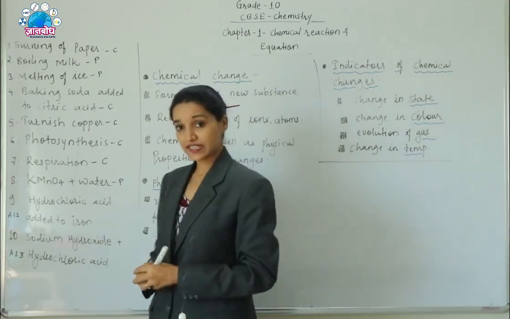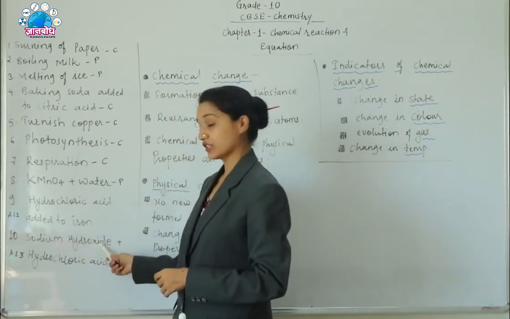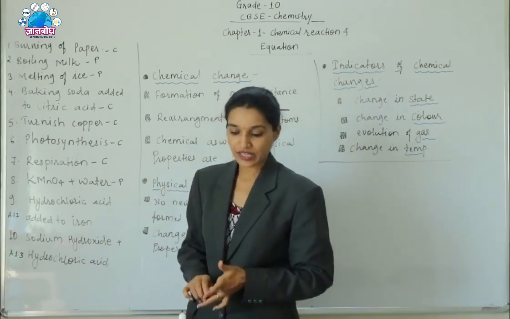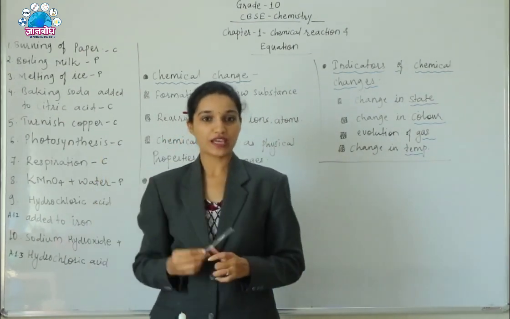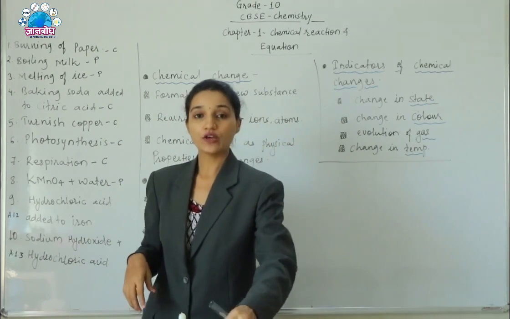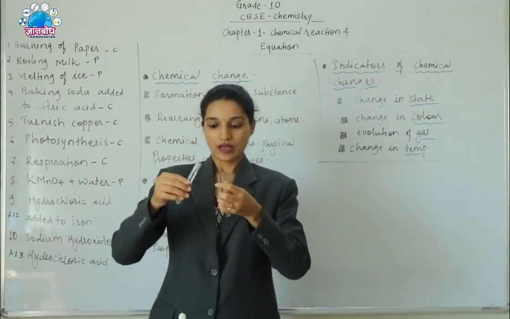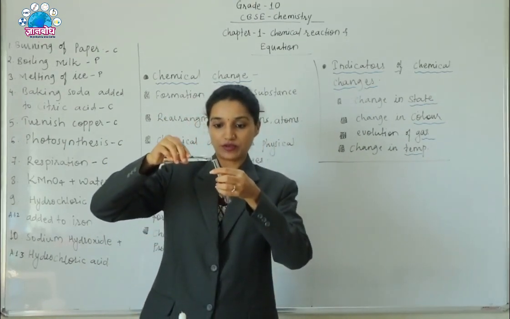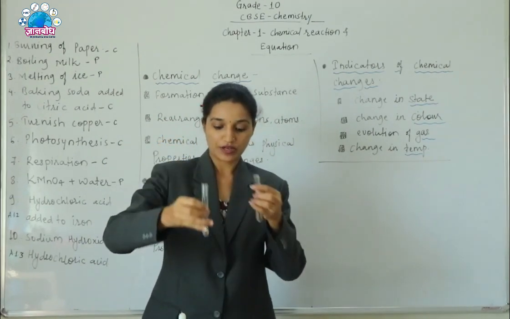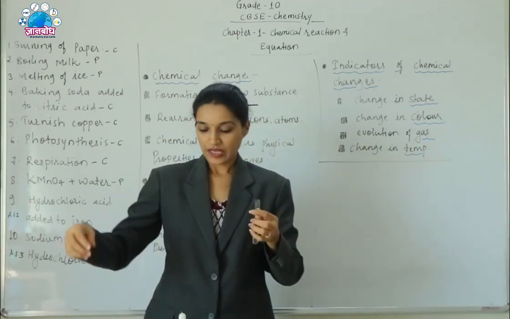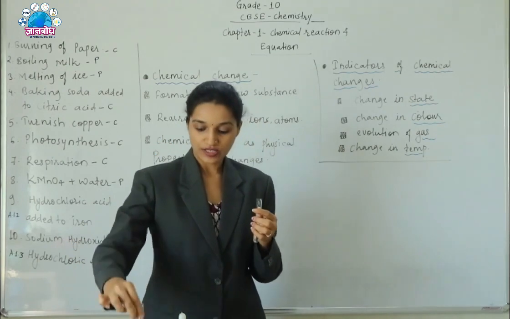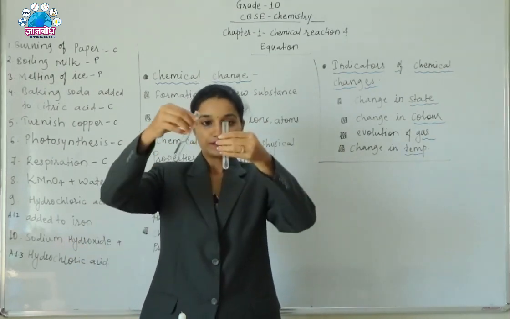Then the next example is sodium hydroxide added to hydrochloric acid. Now I have made an aqueous solution of sodium hydroxide. So I am taking a bit of sodium hydroxide here and hydrochloric acid again.